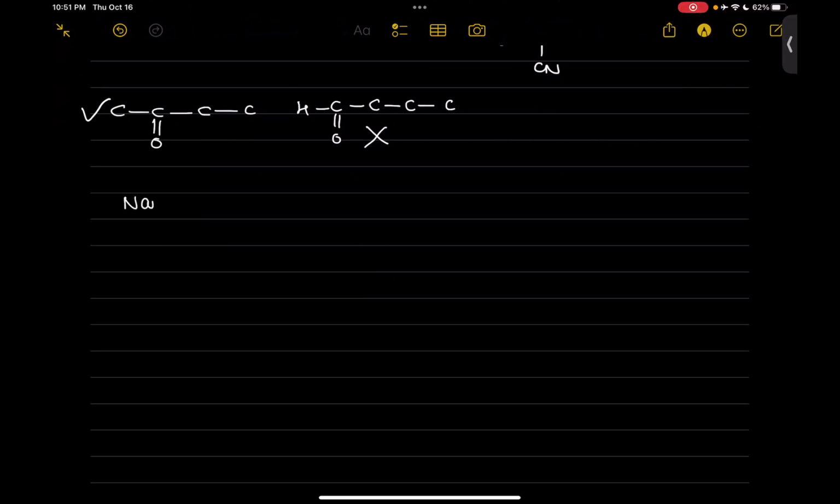Nomenclature of carboxylic acids. Some common carboxylic acids you are already aware of.